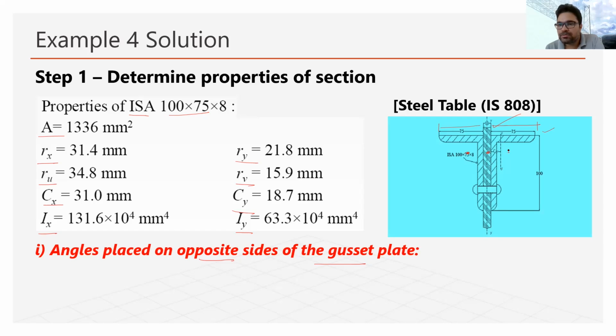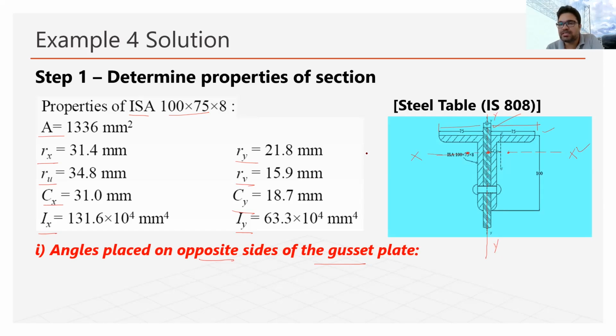The axis along this CG will be this one. So this will be the x-axis, and another axis along this CG will pass through the center of the gusset plate. So this is the y-axis and this is the x-axis.